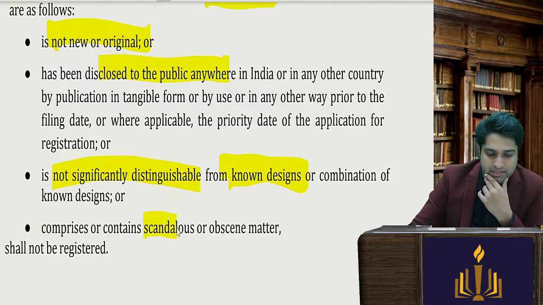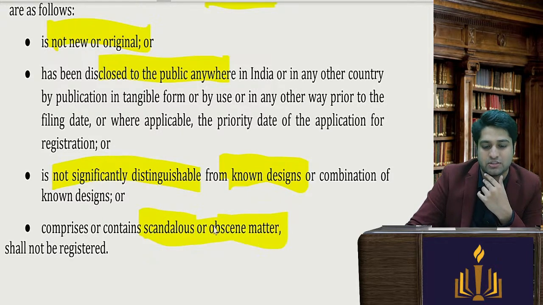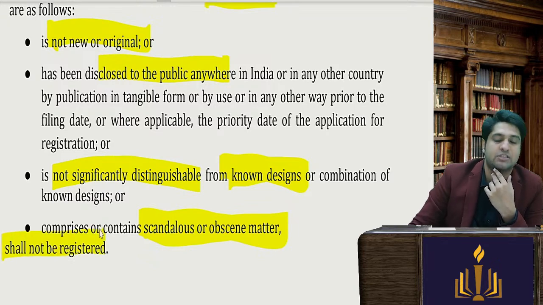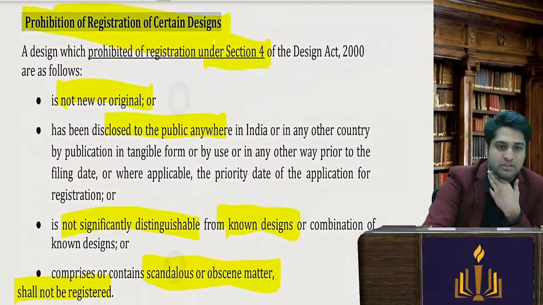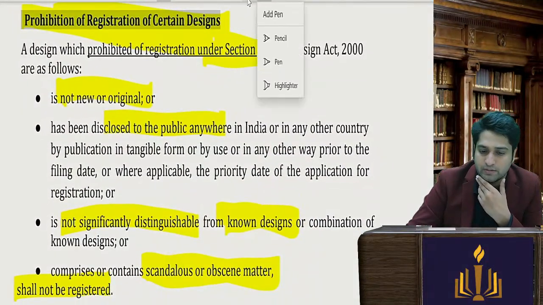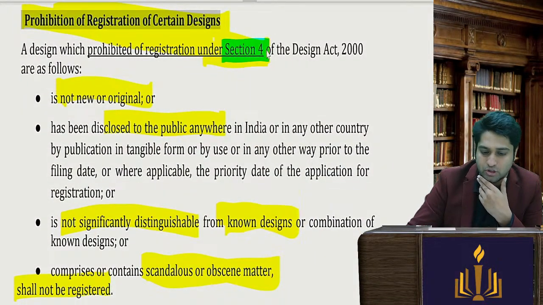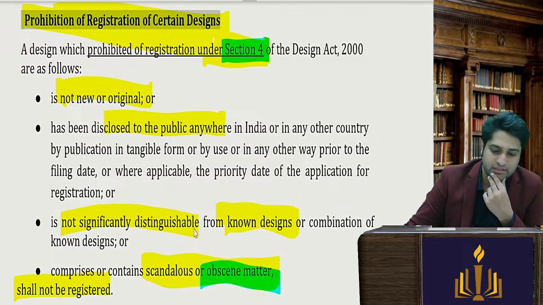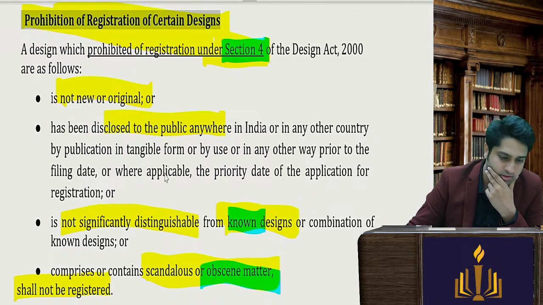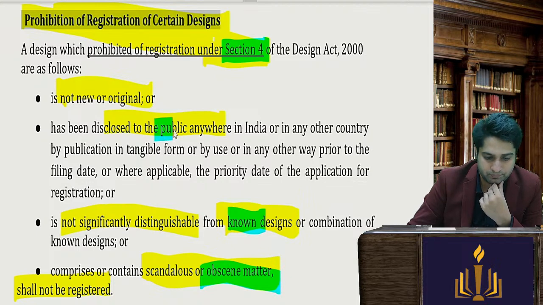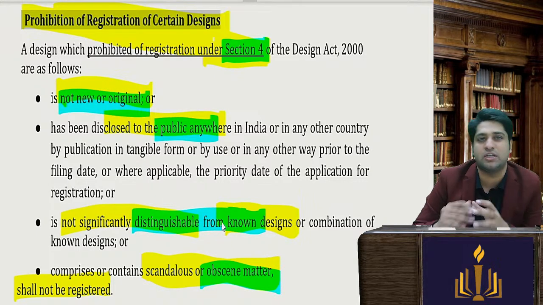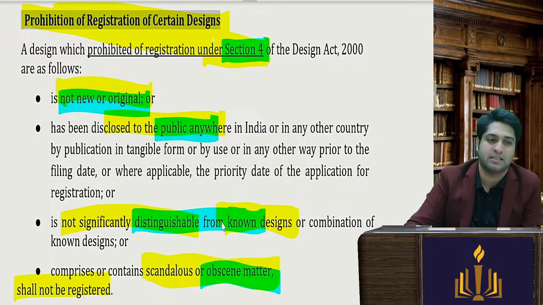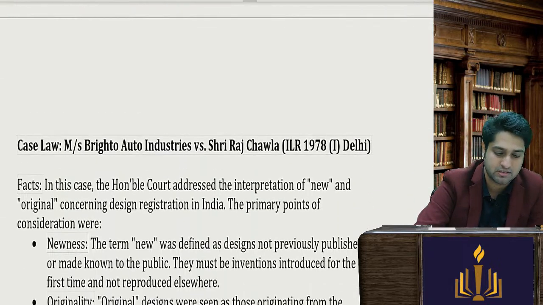And if it comprises or contains something scandalous or obscene, such designs will not be registered. So section 4 is important. Either it is obscene, or it is already publicly known, so it is not new, and lastly it is not distinguishable enough from other designs.